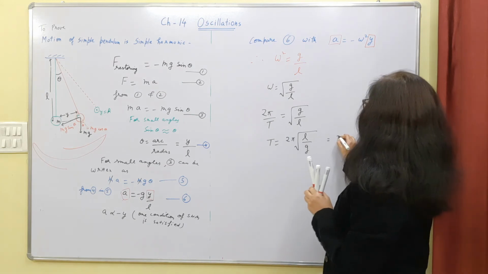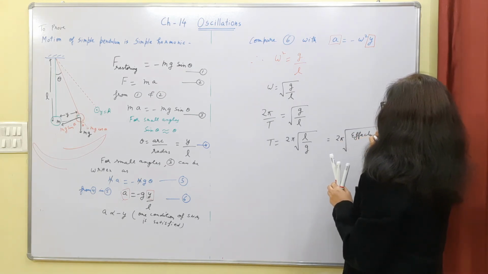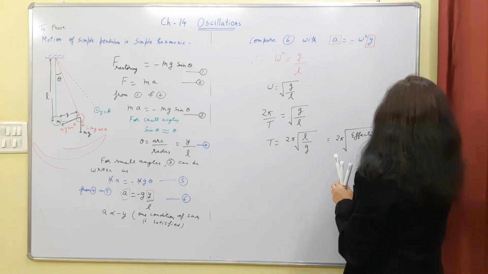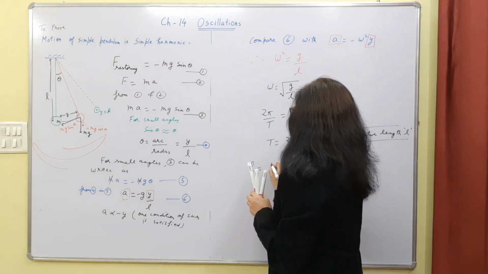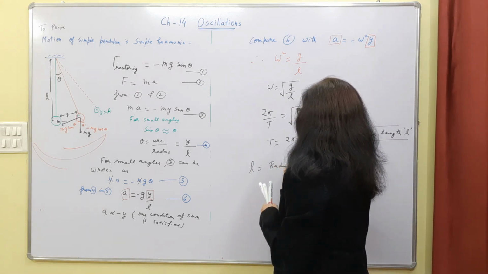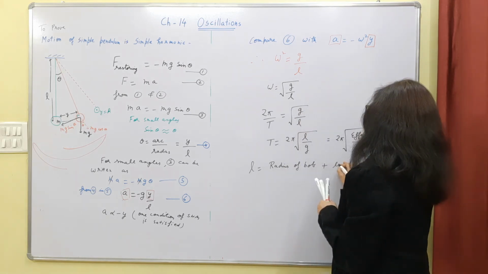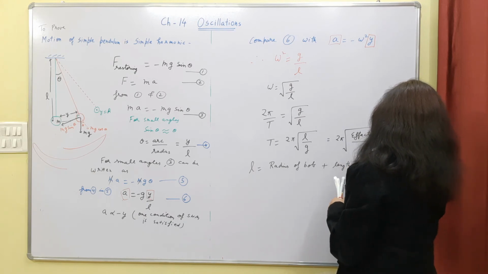So this is the effective length L upon g, right? And this L is the radius of the bob plus the length of the string, right?